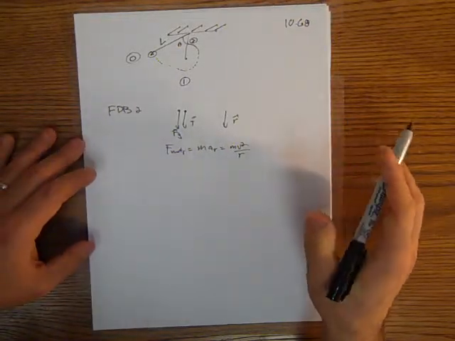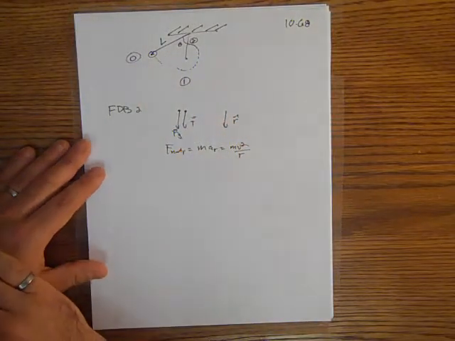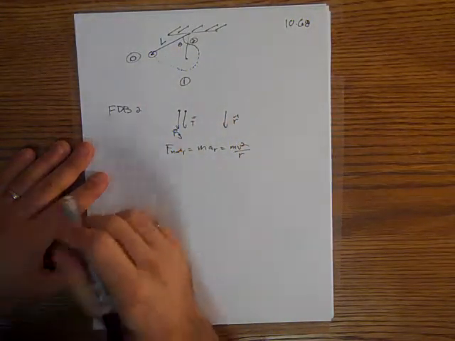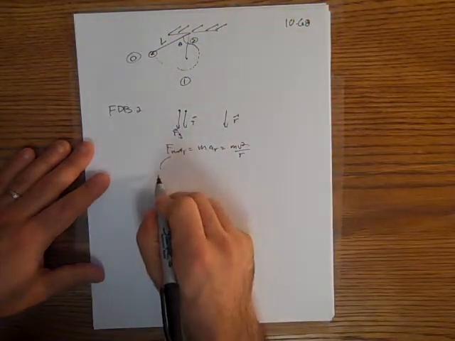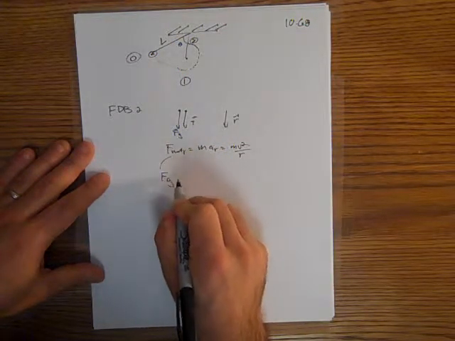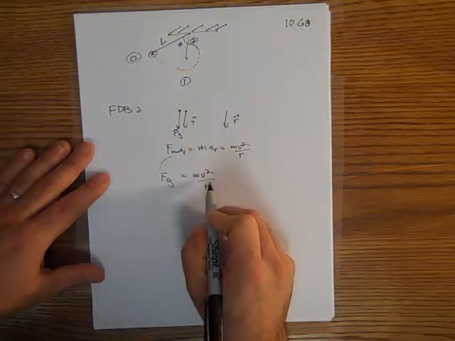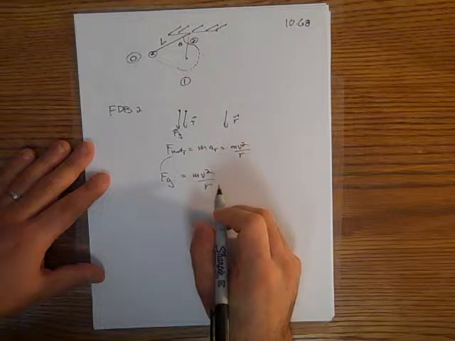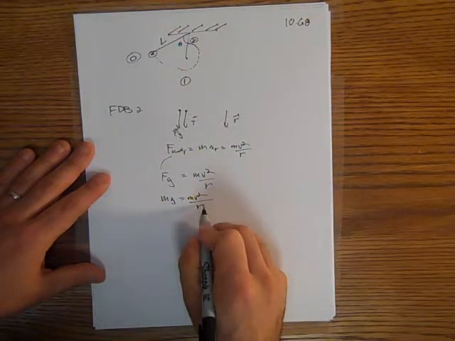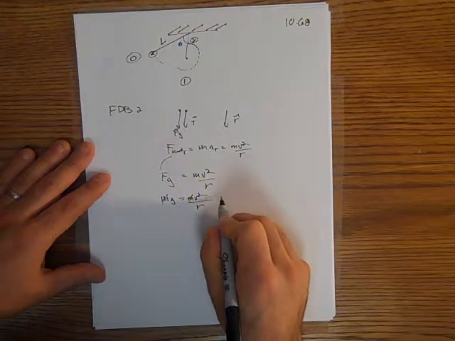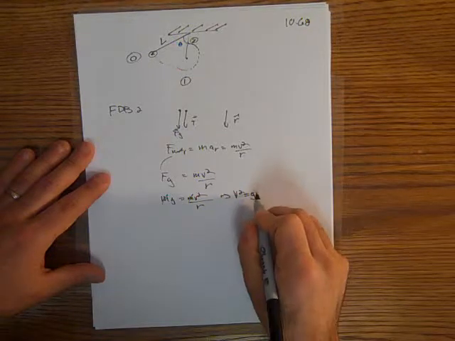But the condition that it just has enough kinetic energy to make it all the way around without the tension going slack is that at the top, the tension just goes to 0, which means that the only force acting in the radial direction is Fg, but I'm still in circular motion. All right, and so mg is mv squared over r. The m's cancel. And so I get v squared is equal to g times r.